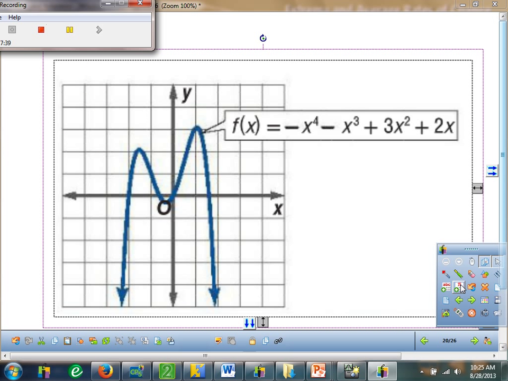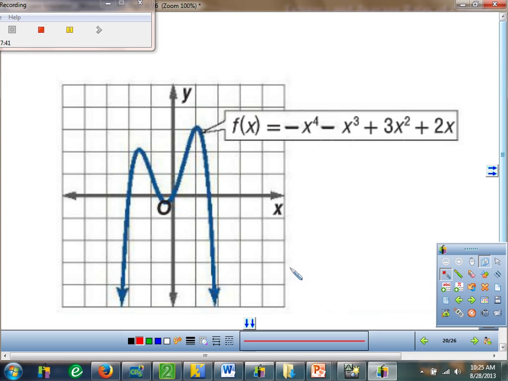Alright, let's look at this graph and talk about what we've talked about so far. Now to come up with specific points like this one right here, we're going to have to put it in the calculator and look at table values. But for right now, let's just talk about what's going on. So from here to here, we're increasing. Let me change colors, hopefully you can see it a little bit better.